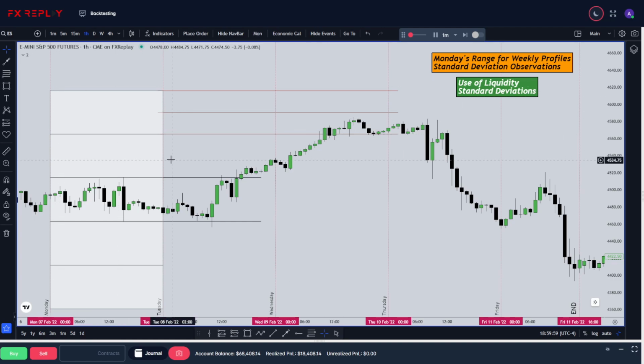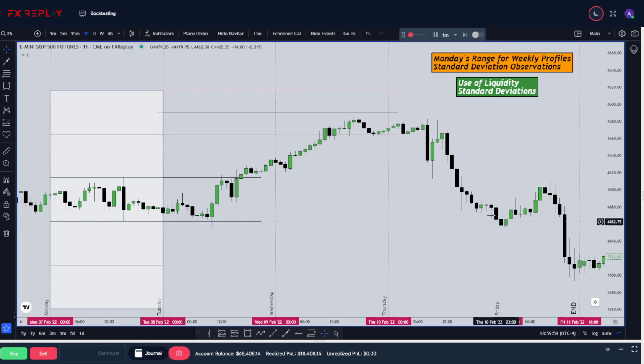So that's an interesting observation, right? We're seeing relative standard deviation swings. So from a swing point of a consolidation, we run up roughly 1 standard deviation, then we run down roughly 1 standard deviation.